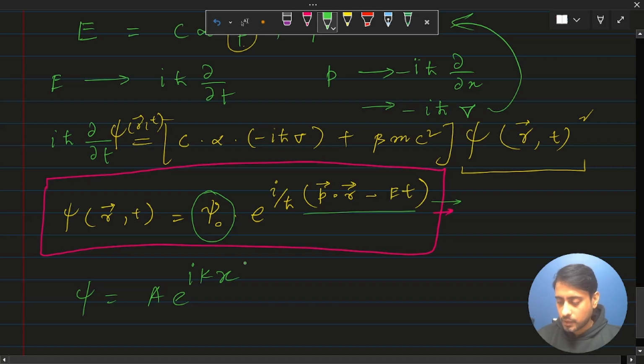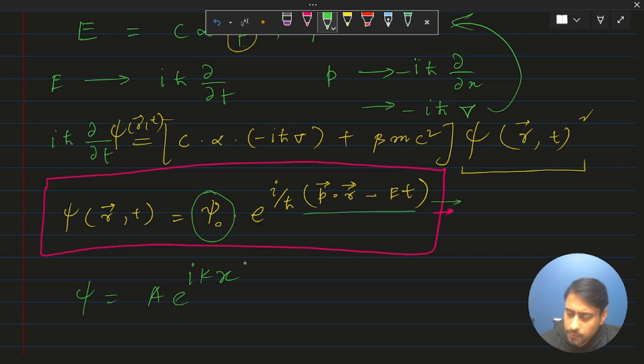For any time t, the function which describes the wave function at any given time, like you are taking a picture of the wave function, could be written like this.